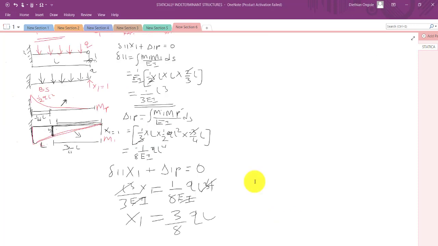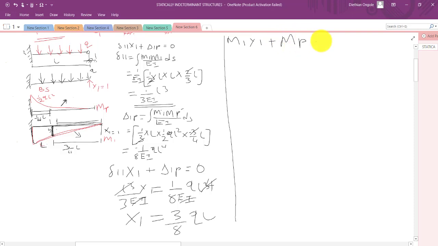So having done that, the next part is now to work out the equation m1 x1 plus mp, which is supposed to be equal to m, the final moment. Here what we do is simply superpose the two bending moment diagrams. For MP, we already have the value, but let me magnify it from here.